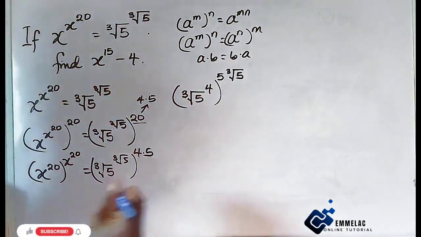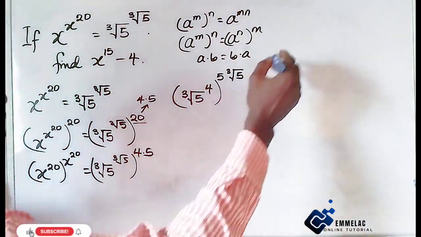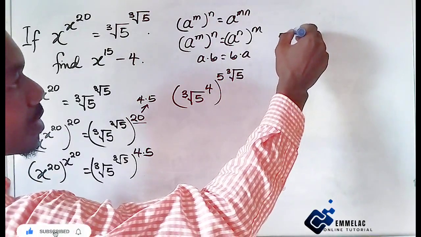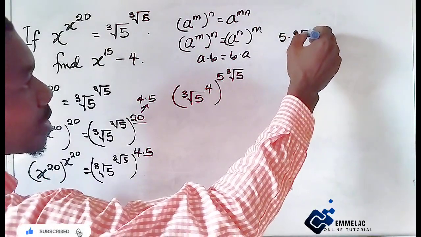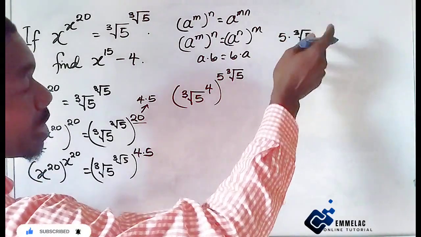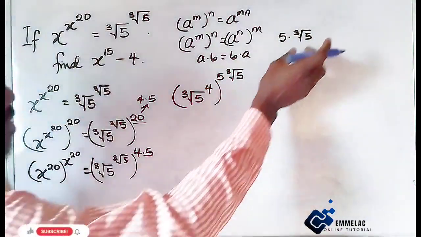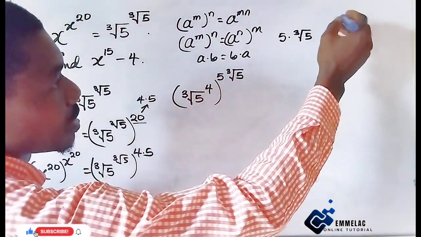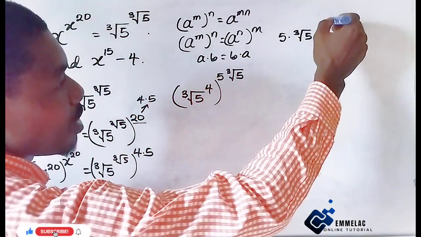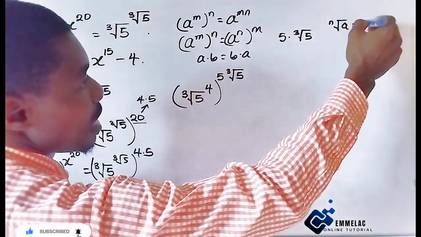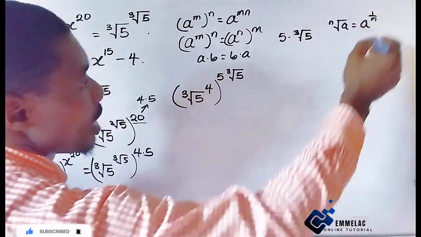Take note that here we are having 5 times the cube root of 5. According to the law of indices, the nth root of a is the same thing as a raised to the power of 1 over n.